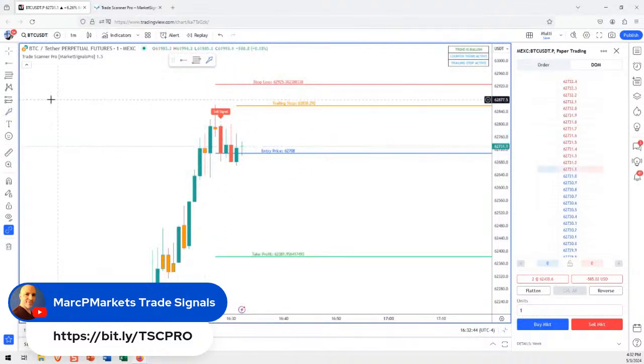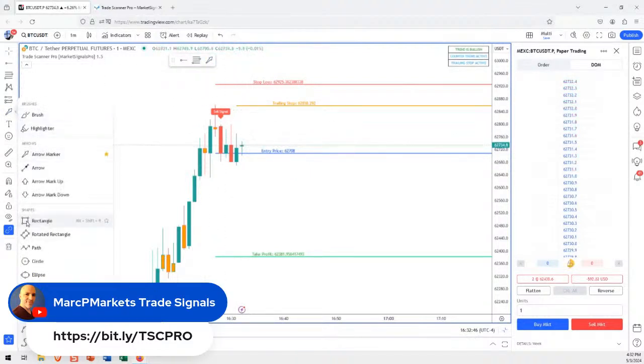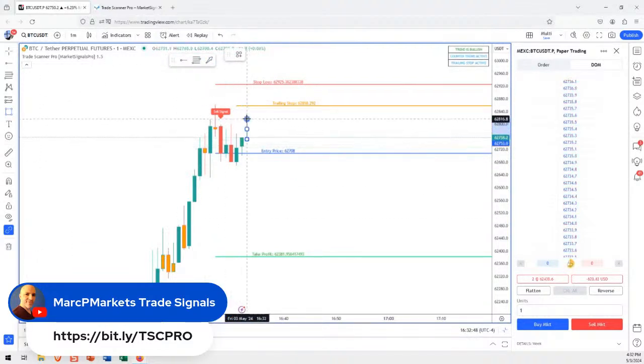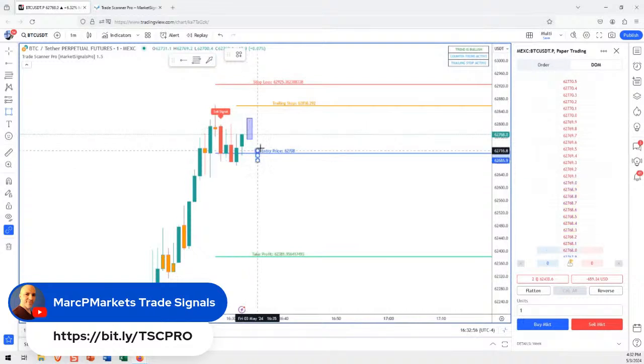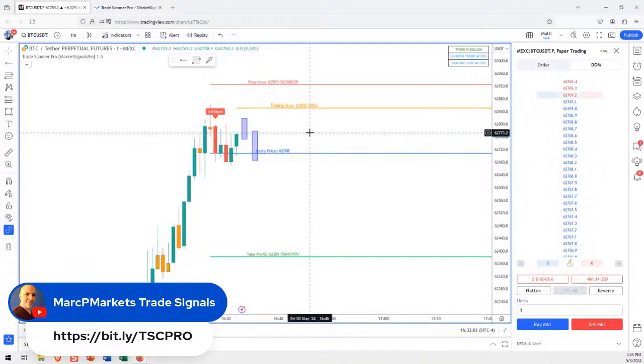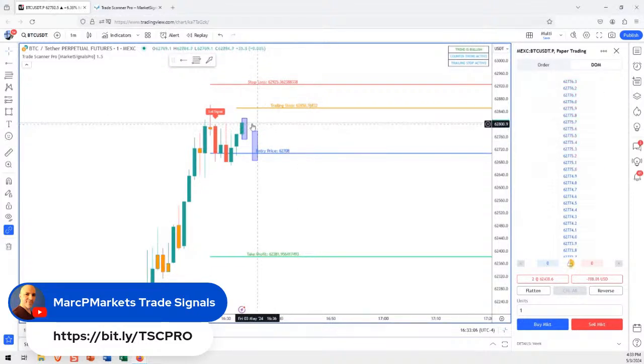Or maybe we get another green candle that does this. There it goes. Okay. We get something like this, but then the candle after that gives me a large red candle back through the entry price. I like to add in those situations. Now, again, it doesn't always work.